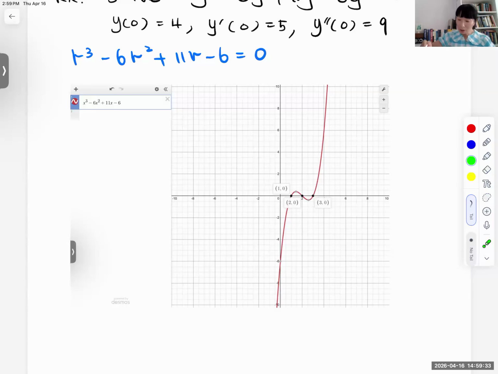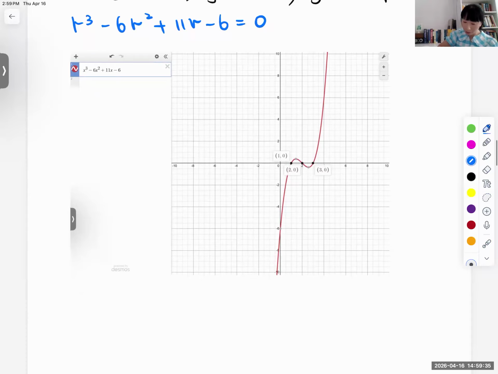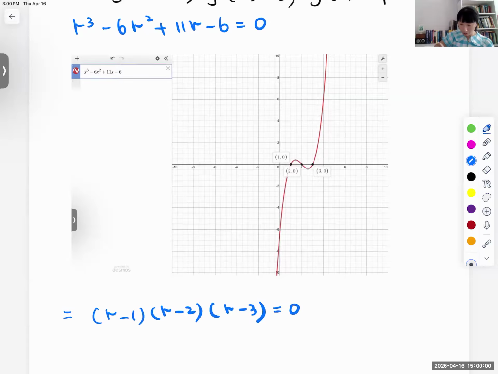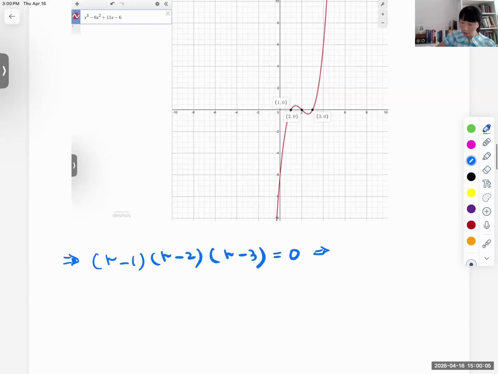Good numbers. So we can express this as (r minus 1)(r minus 2)(r minus 3) equals 0. Then what's r? It's 1, 2, 3.